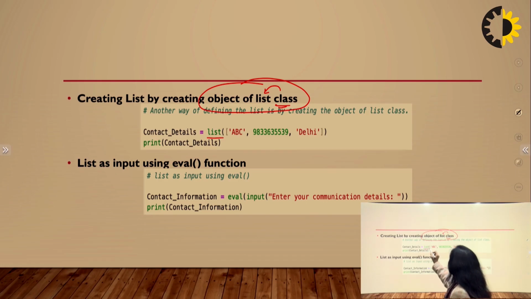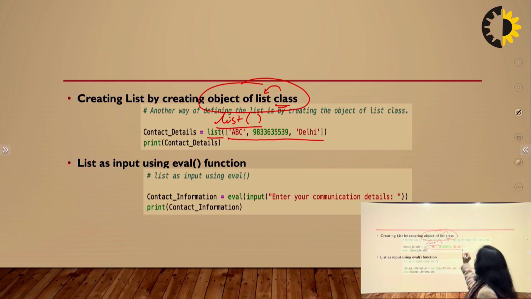We can do this by calling the list class function, and for this class we can give the values like this: a string value, a number value, and again a string value. String values are inside single quotes, double quotes or triple quotes. Here we can use double or single quotes both for the string.